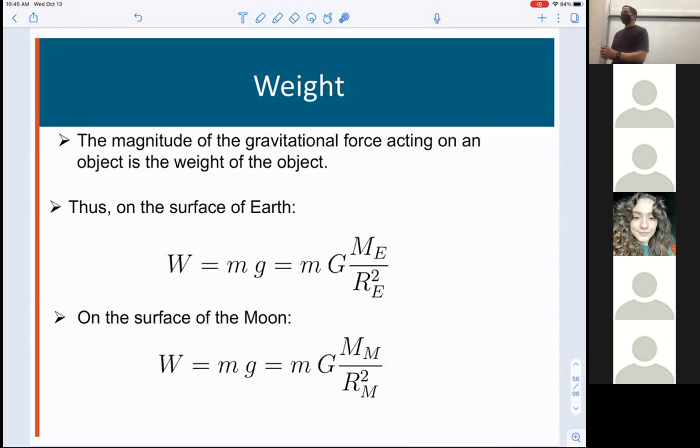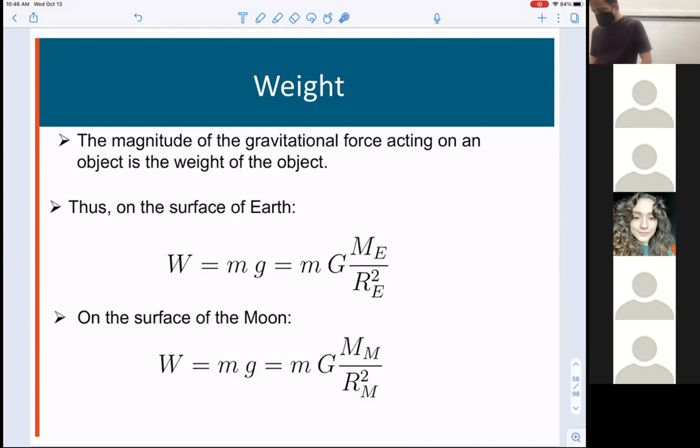It's not kilograms. Kilograms refers to mass. Weight refers to newtons. And in the US customary system, force is measured in pounds. That's why we talk about people weighing so many pounds. What that means is the amount of gravitational force being exerted on them in US customary units.